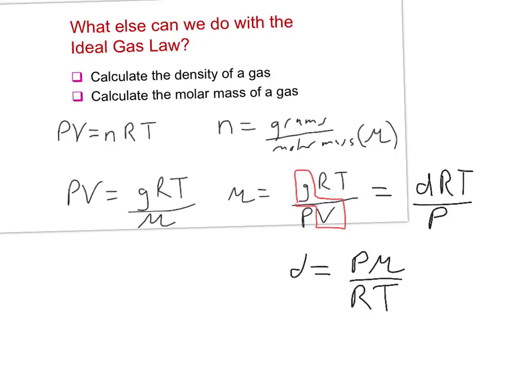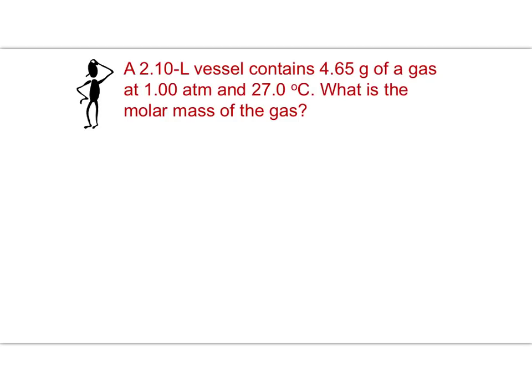So the density is equal to the pressure times the molar mass of the gas divided by the ideal gas constant times temperature. So that's an application of something else that you can do using the ideal gas law, which is calculating molar mass.